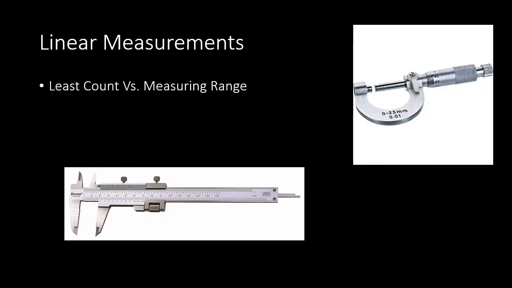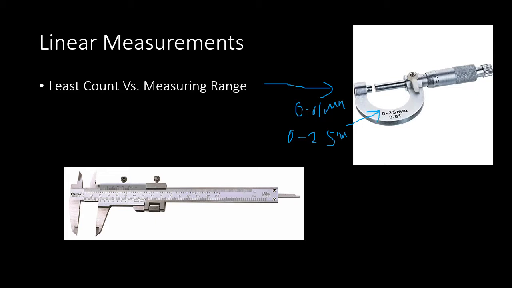The linear measuring instruments who have a low least count have a narrow measuring range. So for example, if you take a micrometer screw gauge whose least count is on the order of 0.01 mm, can measure a distance in the range 0 to 225 mm. Okay. So it is engraved here on the instrument.